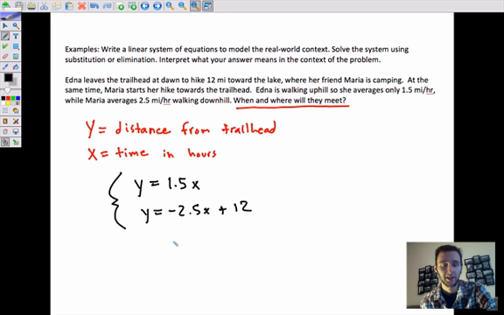Now we can go ahead and solve and find the time in hours and the distance from the trailhead. We can do this either by substitution or elimination. Since we already have y isolated by itself over here, it makes most sense to me to use substitution. So that's what I'm going to do. I'm just going to go ahead and substitute this 1.5x in for y.